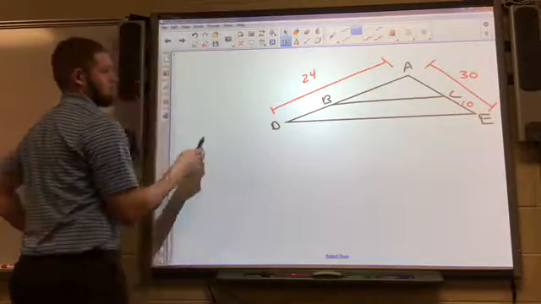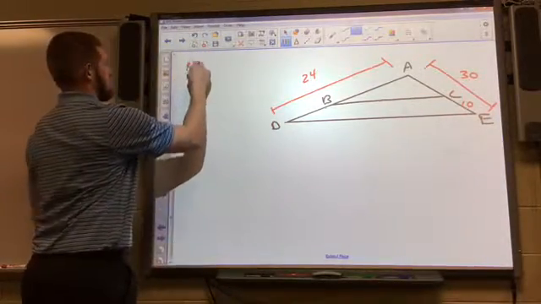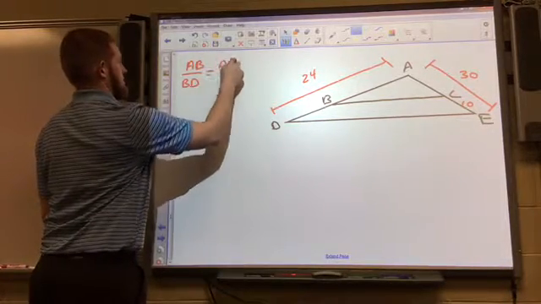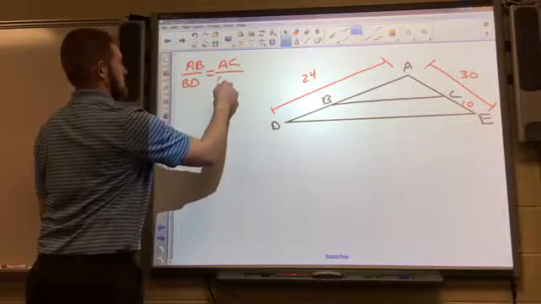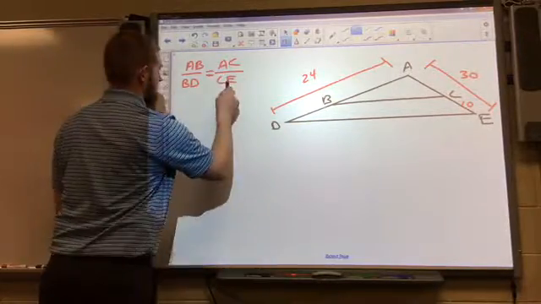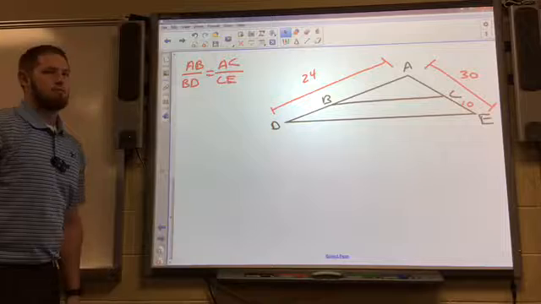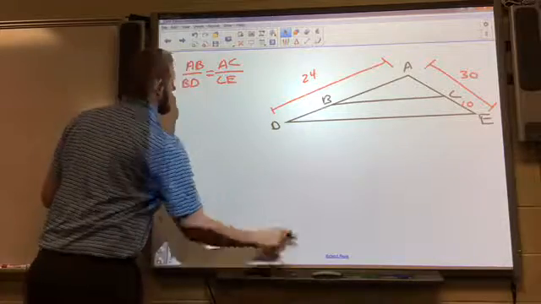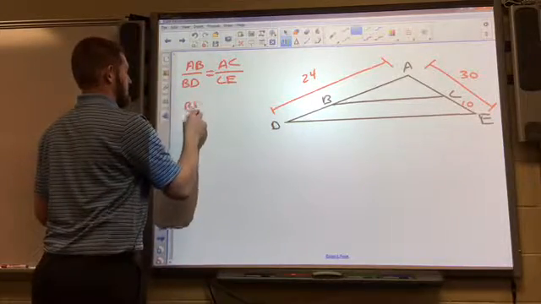And then the last thing they tell me is that AB over BD is equal to AC over CE. We have to find what BD equals.